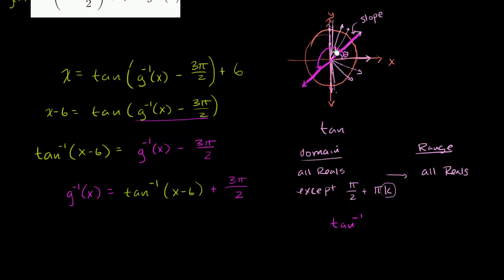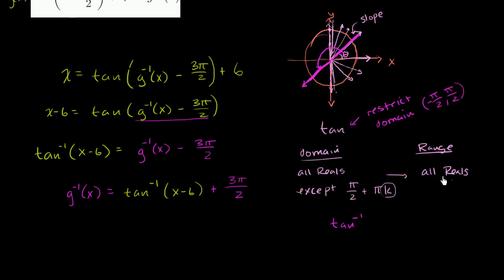And so if you have two thetas mapping to the same tangent, and you don't restrict your domain so that you only have one of them, it's not going to be invertible. And so the convention is that to make tangent invertible, you restrict its domain to the interval from negative pi over 2 to pi over 2 in order to construct the inverse tangent.